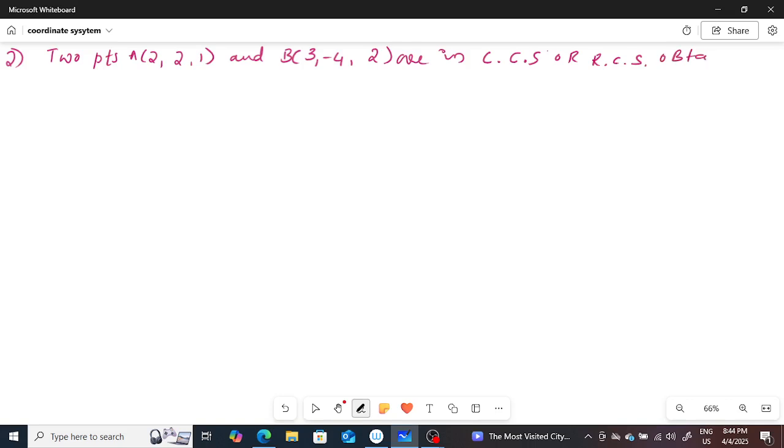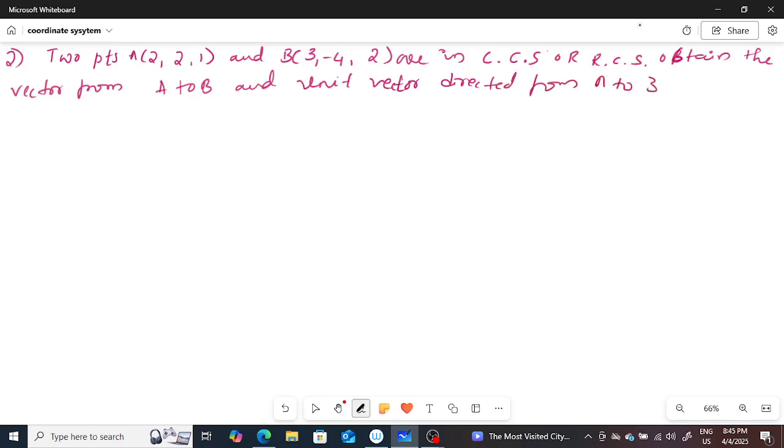Obtain the vector from A to B, understand the direction, and the unit vector directed from A to B.